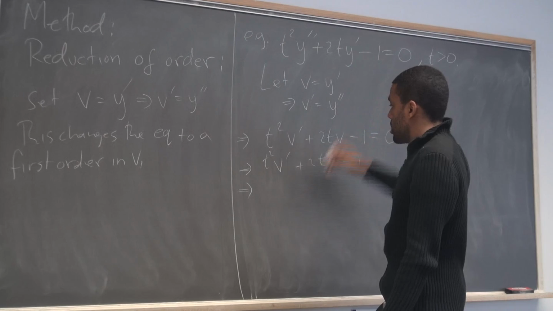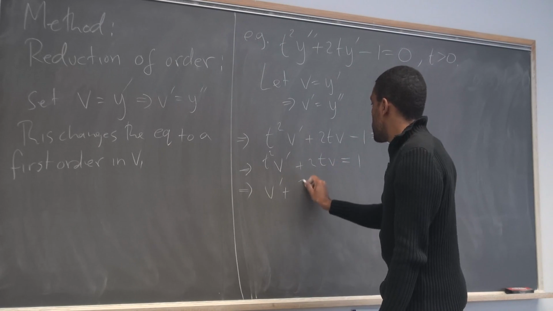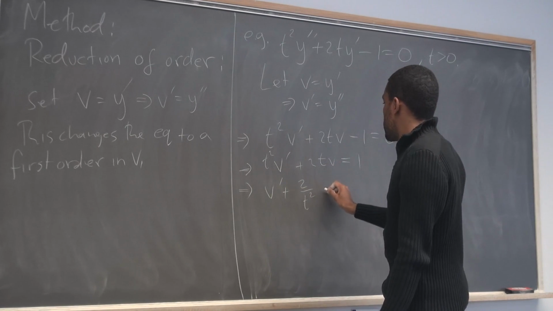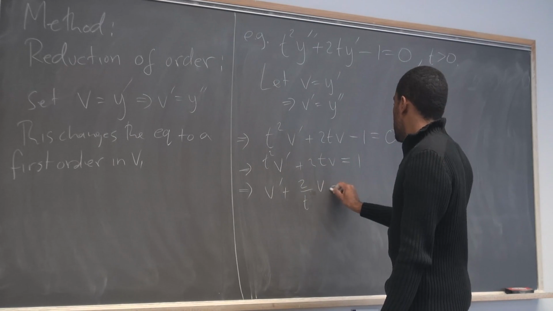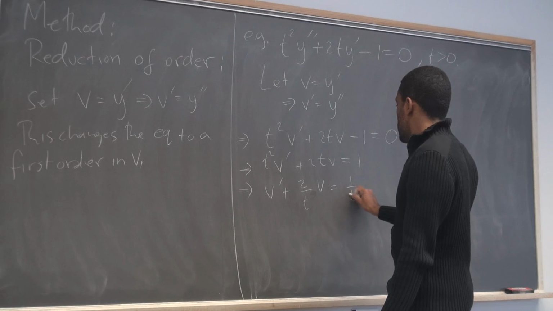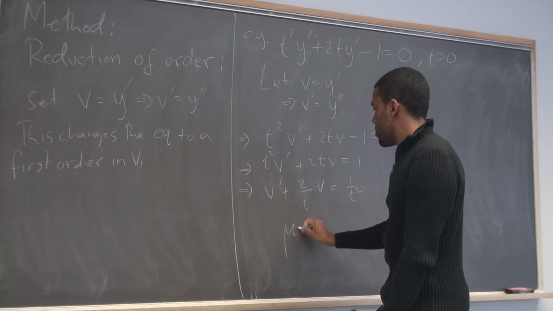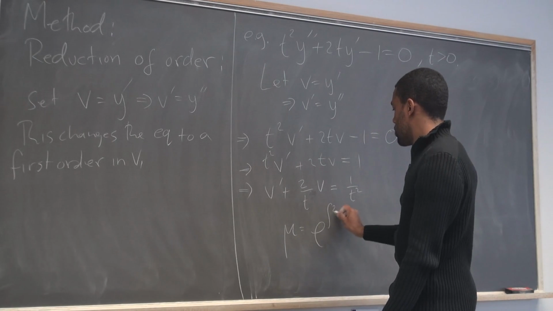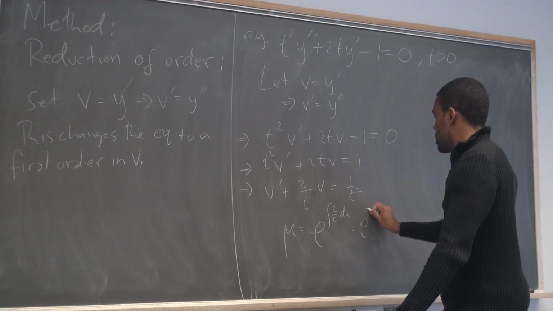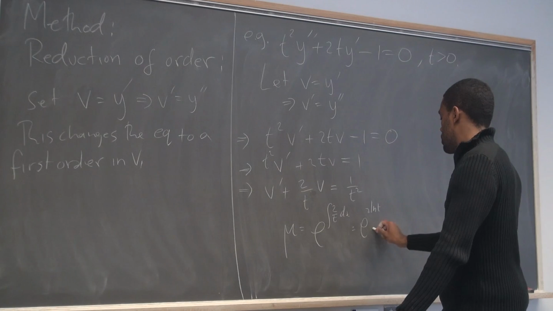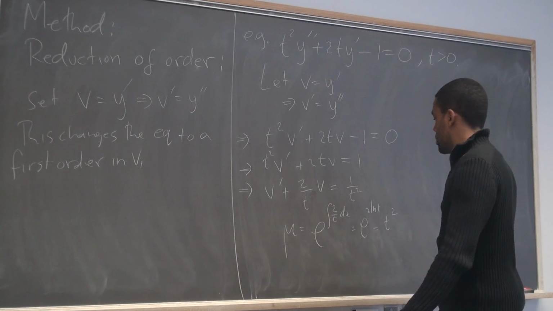It's not 0, so we can divide by it. v prime plus 2 over t v equals 1 over t squared. So our integrating factor is e to the integral of 2 over t dt, which is e to the 2 ln t, which is just t squared.